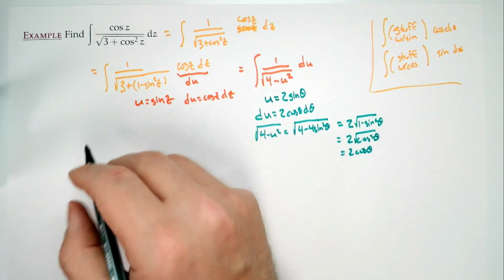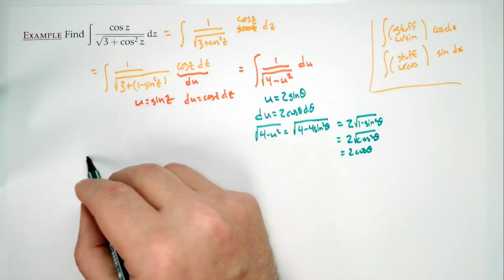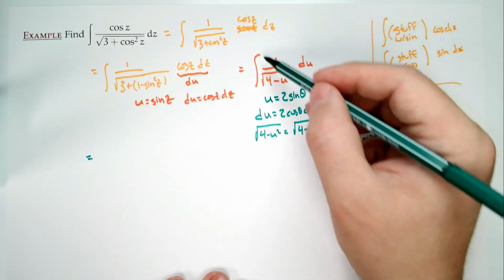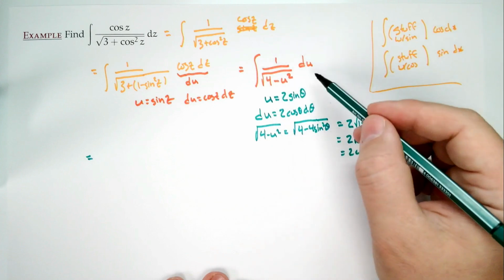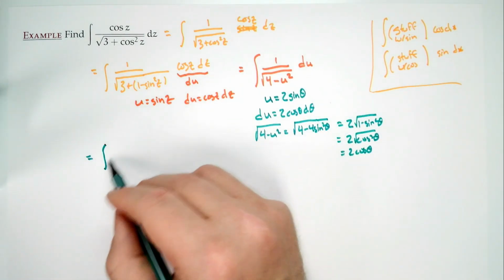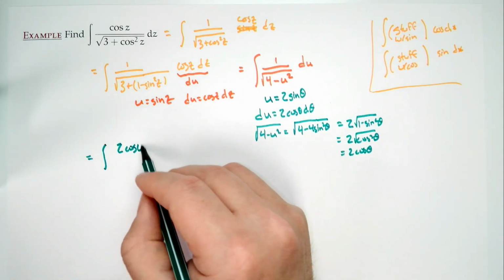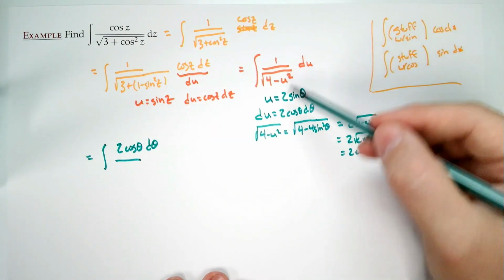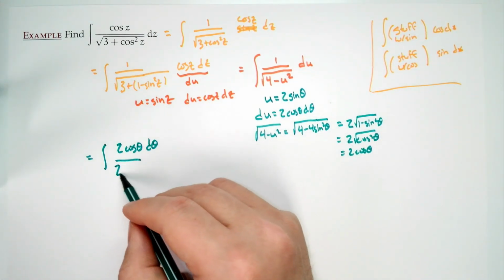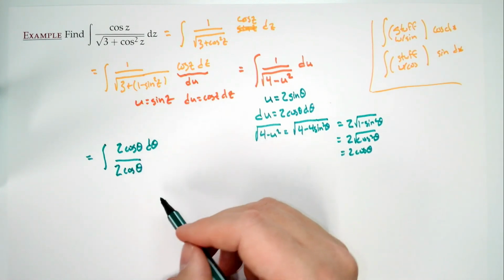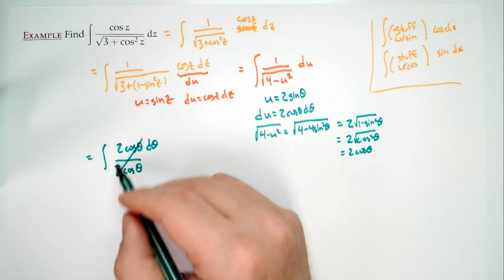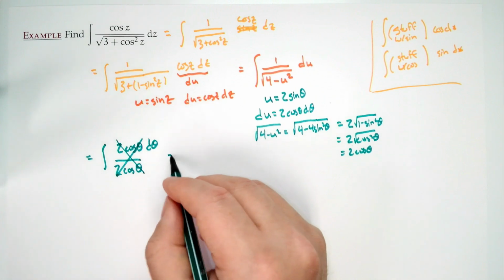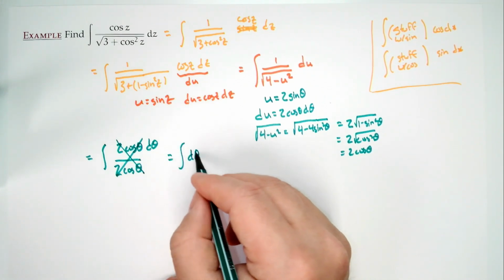And what do we see now? Once we carry that trig substitution out, the numerator has the du. So that becomes 2 cosine theta d theta. The denominator, square root of 4 minus u squared, becomes 2 cosine theta, which tells us that we're just integrating d theta.